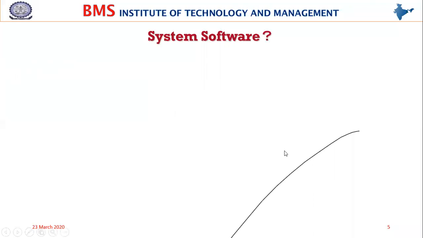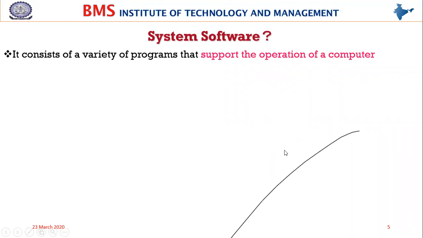So the system software, what is it? It's a set of programs that is used for operation of the computer itself. So it doesn't provide you any functionality. It supports the operation of the computer itself, means at the back.